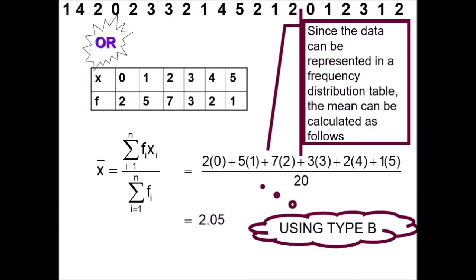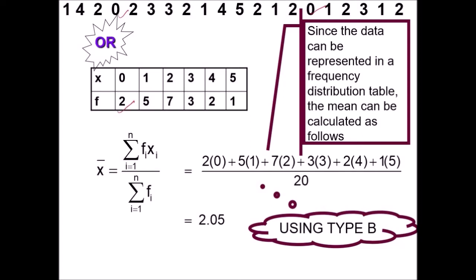Or we can display our raw data in a frequency distribution table. Again, how to make a frequency distribution table? We count how many times 0 appears: 0, 1, 2. That's why the frequency for number 0 is equal to 2.